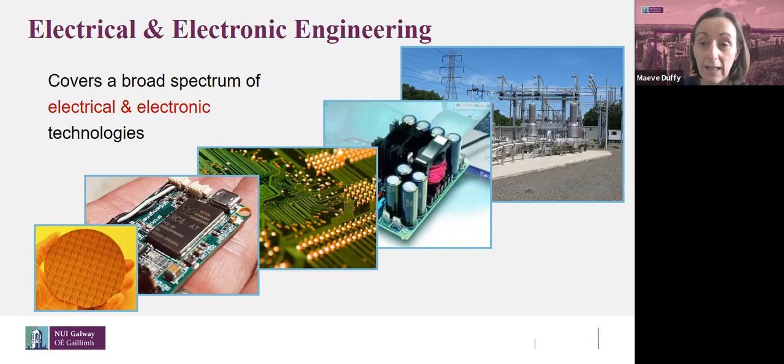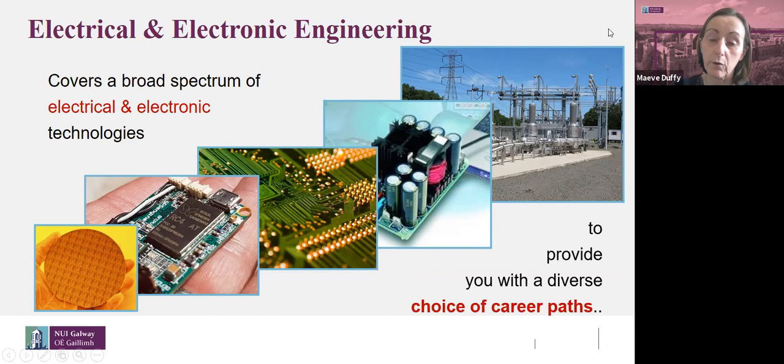So that's pure electrical engineering on one end, and electronic engineering and microelectronics at the other. So you can see that we cover a broad range of different technologies all throughout the course.